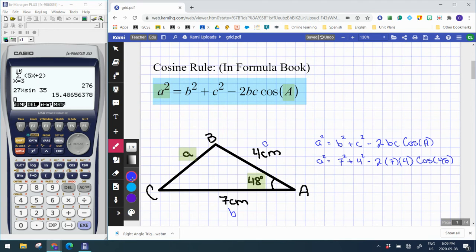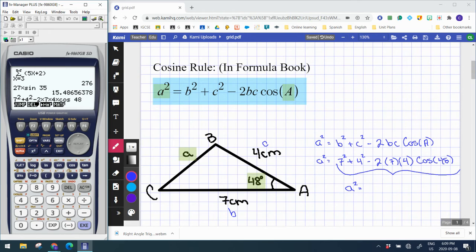Now we're just going to put this side into our calculator to figure out what a squared equals. So we figure out what is 7 squared plus 4 squared minus 2 times 7 times 4 times cos 48. You put it in your calculator just like it's written over here and hit enter.